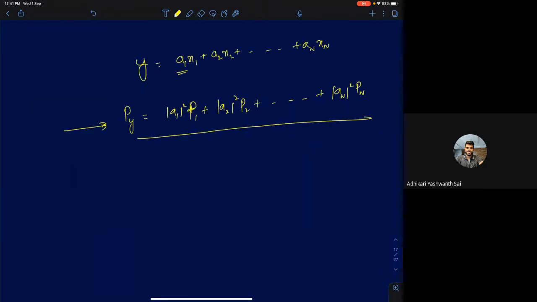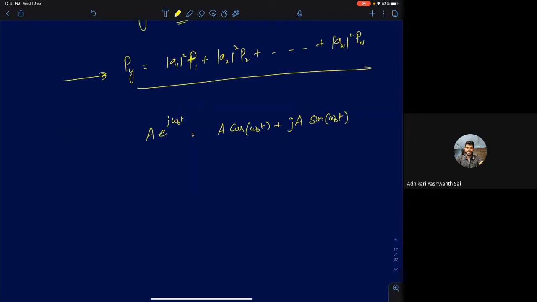So using that, we can directly write, if you have a complex sinusoid, a e power j omega naught t, this is going to be a cos omega naught t plus j a sine omega naught t. So the power of this signal is going to be the power of a cosinusoid with amplitude a, that's a square by 2, plus mod of j the whole square into a square by 2, the power of a sine omega naught t.